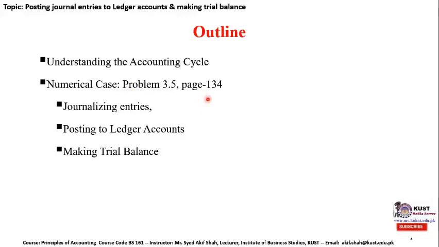Basically, this problem will address the first three steps of the accounting cycle, which is journalizing the entries in the journal. The second step is to post the same entries into the ledger accounts. And then the same case will require us to make the trial balance.